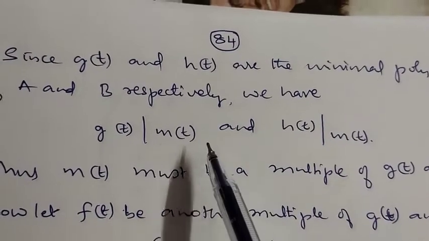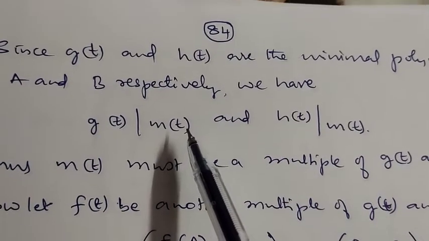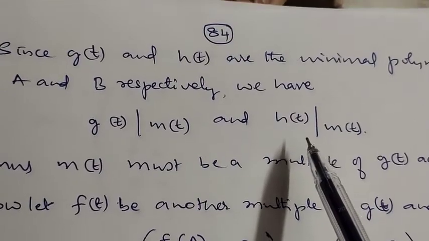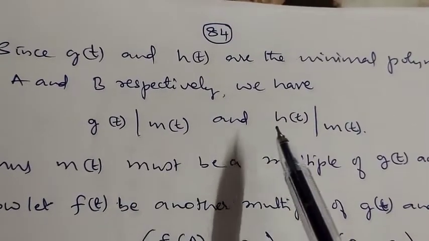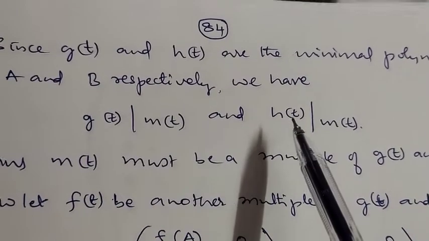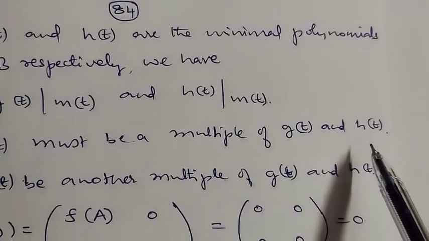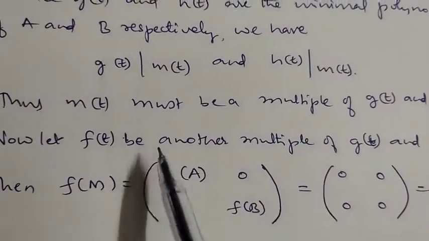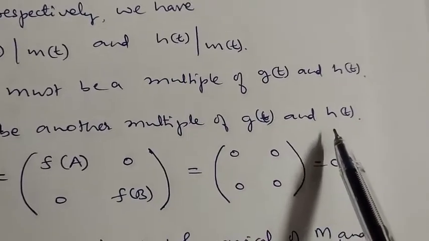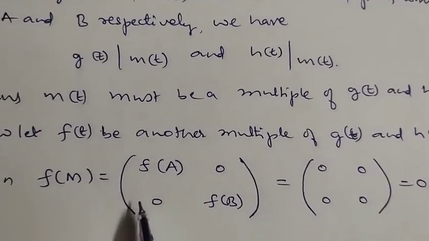Understand now? So m of t must be a multiple of g of t and h of t. Next, let f of t be another multiple of g of t and h of t. Then what will happen? f of M.